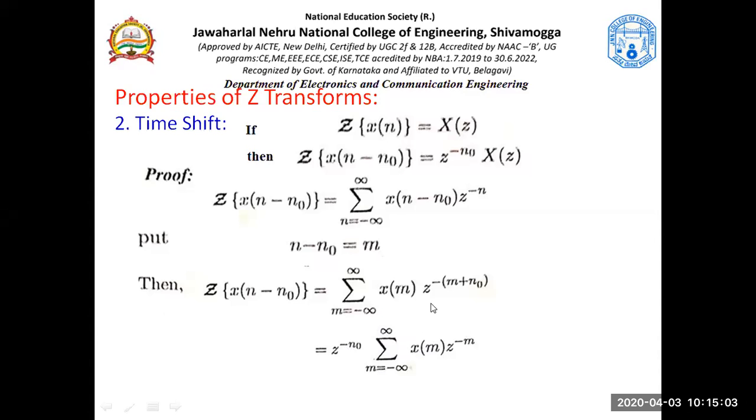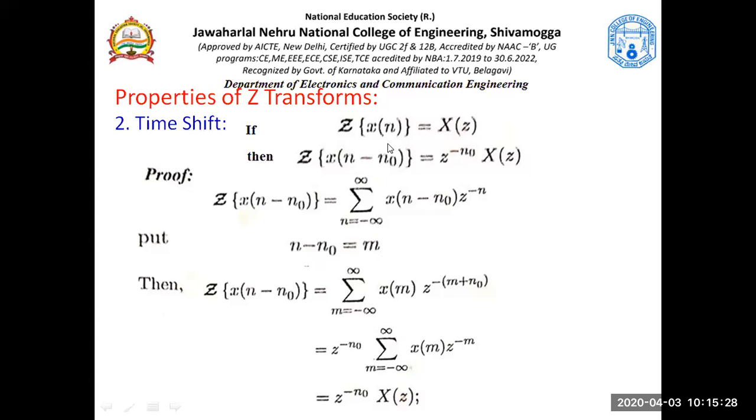The rest everything is same, to say that this is the Z transform of x of m. How does it look like? It looks like capital X of z. Understand? So if you have a shift, if you have x of n minus n naught, then there should be z to the power of minus n naught associated with this X of z. So that is what we have obtained here.